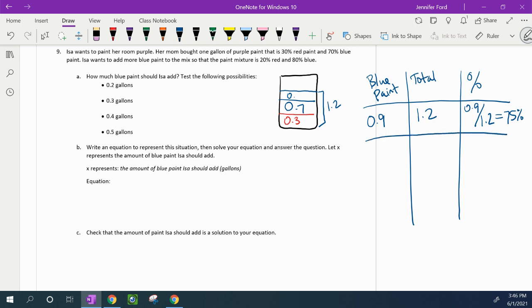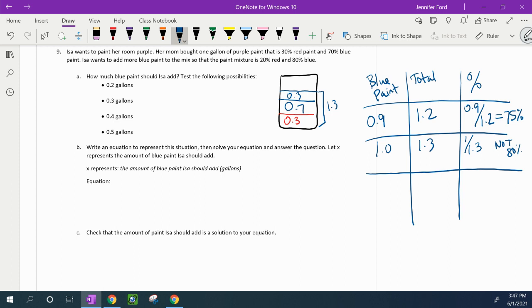If instead of 0.2 gallons, I added 0.3 gallons, I have 1 gallon of blue paint, 1.3 gallons total. My percent is going to be 1 divided by 1.3, which is not 80%. I don't remember what it is, but it's not 80. If you pulled out a calculator, you could figure out what percent that was.